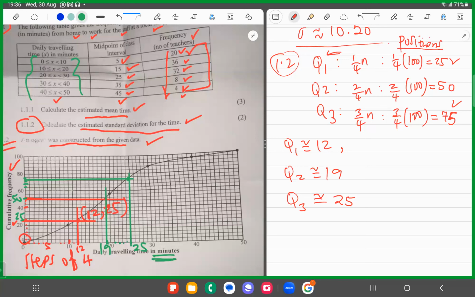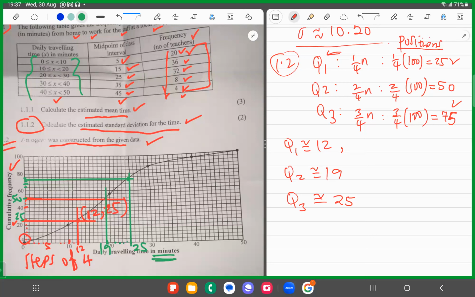Now we're going to take note of the values we have, and we're going to plot the values from this diagram. We're going to plot everything on the box and whisker plot so that we are very much understanding.